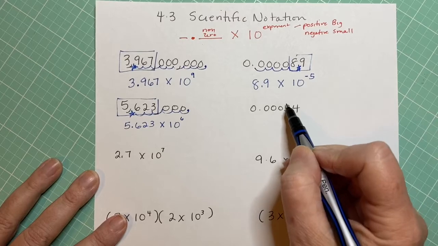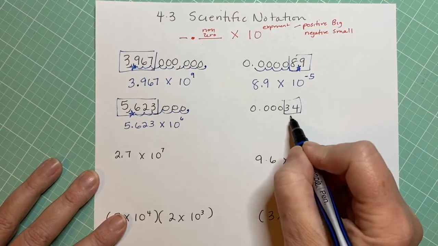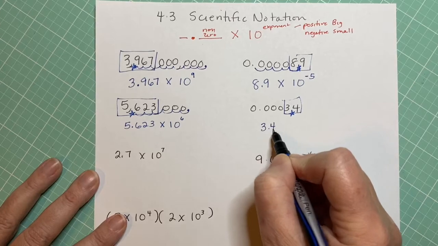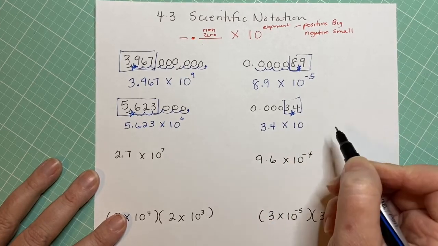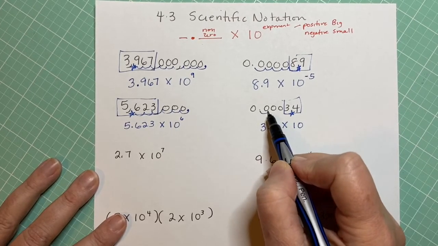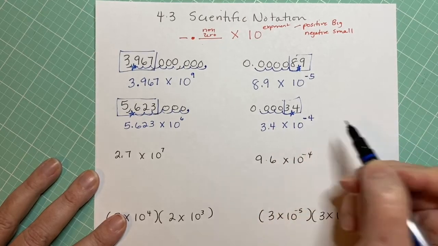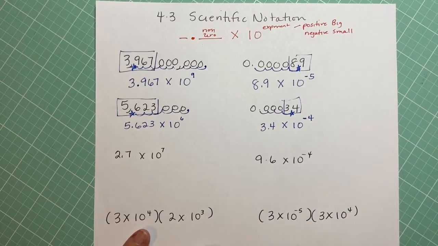This next one's the decimal. So again, we're just going to look at the 3 and 4, and we're going to put a decimal right between it. So this is a 3.4 times 10. And then here's our decimal. We'd move it 1, 2, 3, 4 times, but we're going to make it a -4 because it's a decimal or a tiny number.